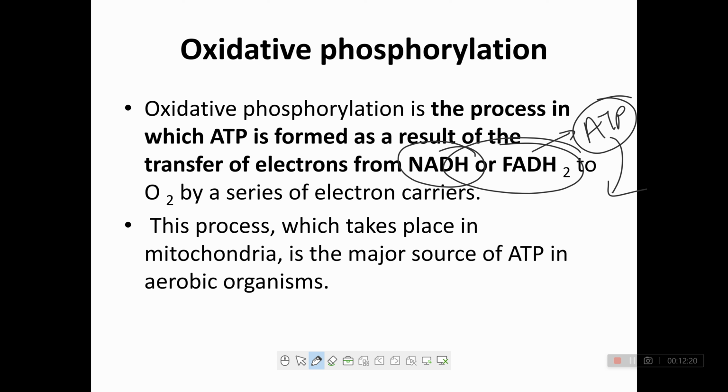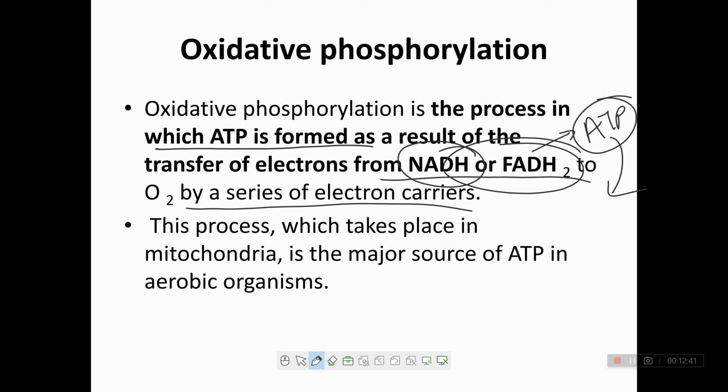Oxidative phosphorylation is the process in which ATP is formed as a result of the transfer of electrons from NADH or FADH2 to O2 by a series of electron carriers.